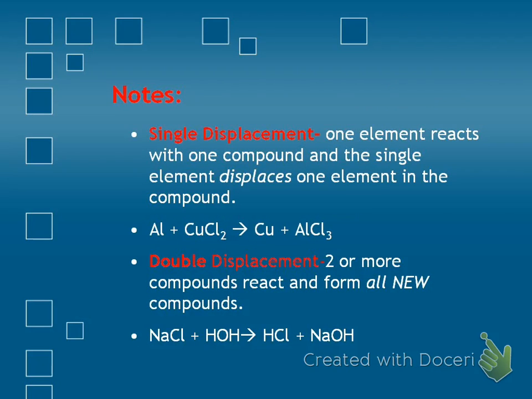The next 2 are called single and double displacement. Now, I want you to think about this example. You and your best friend and her boyfriend decide to go to the movies on Friday night. You go to the movies.